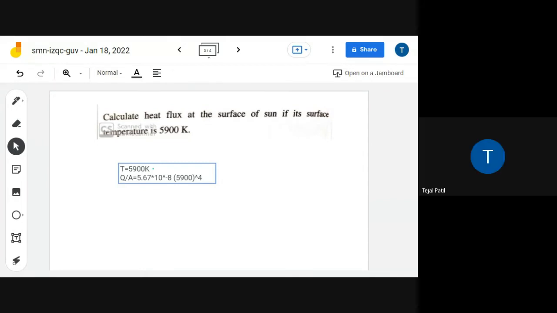Correct. Okay, so this is how you are supposed to solve this numerical.